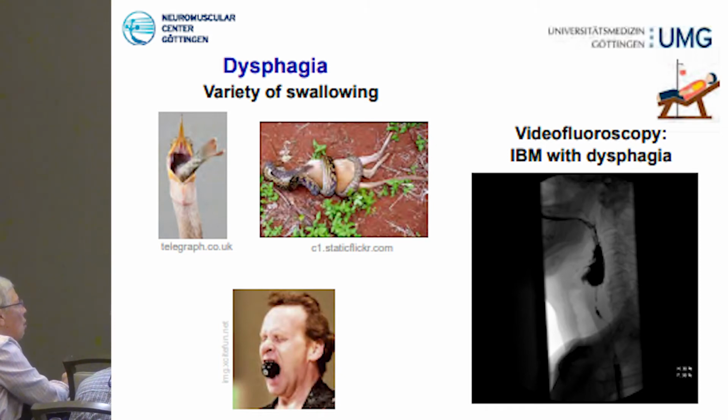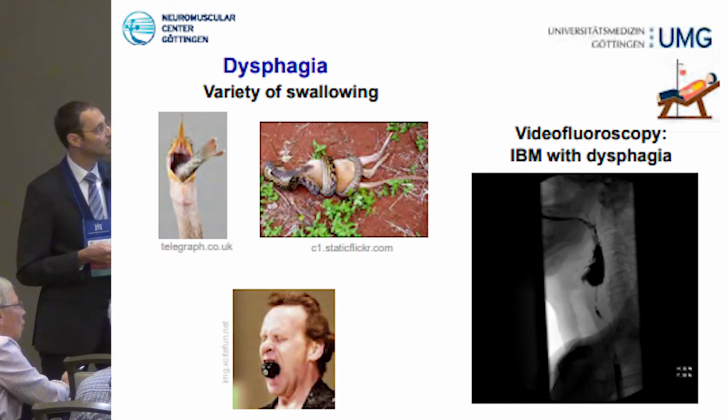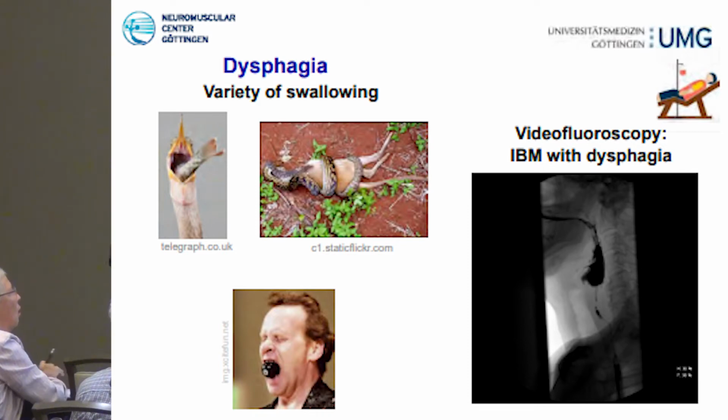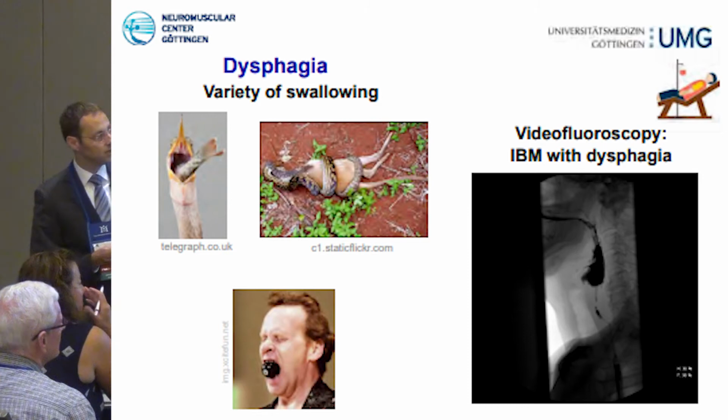This is a snake that eats a whole kangaroo, and I don't know if it survived. This doesn't look very healthy, what this gentleman does. And this is how it looks in IBM. This is a video fluoroscopy with a contrast agent.